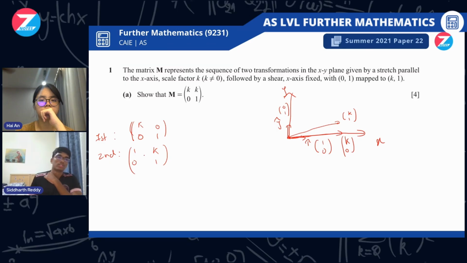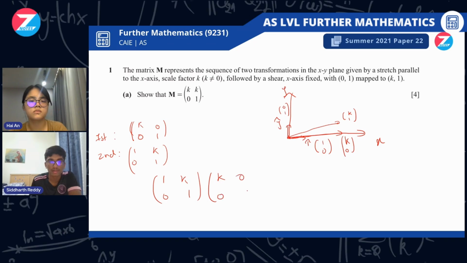So we can just multiply these two matrices and we'll get our result. We'll do [1 k; 0 1] and [k 0; 0 1]. Remember that the first transformation has to be on the right side, because the order is from right to left.